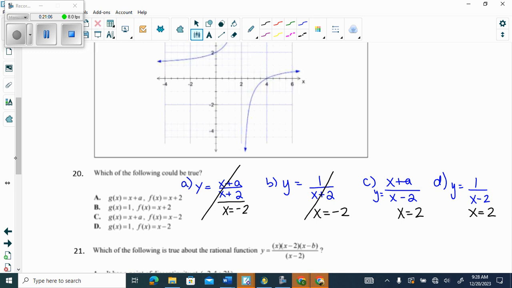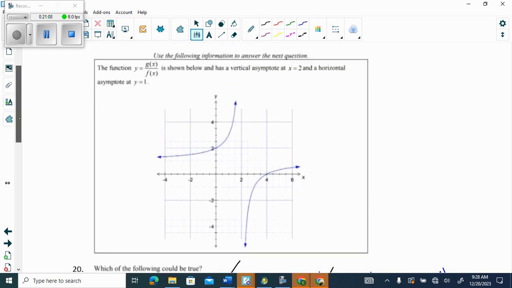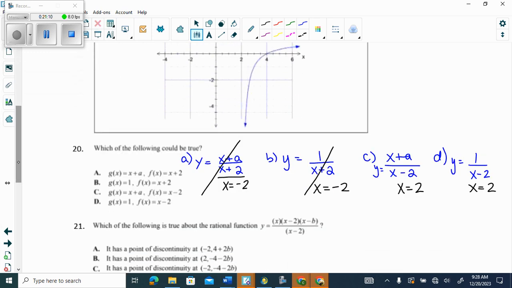And then this other one here, my y is at 1. What is this one's y equals? Y equals 0. And the numerator is smaller than the denominator is 0, but also this is in transformed form. I have a +0 at the back, don't I? Yeah. So nope. I don't know why I circled it there.